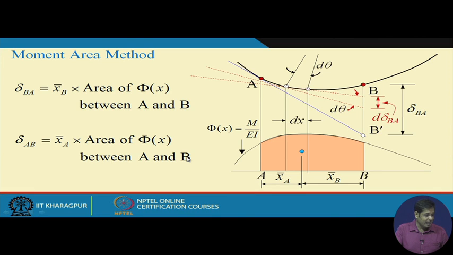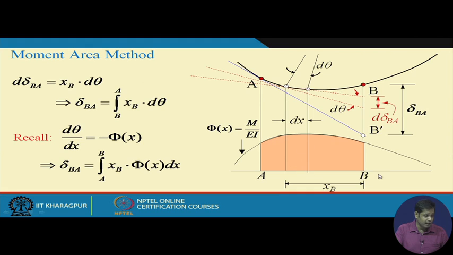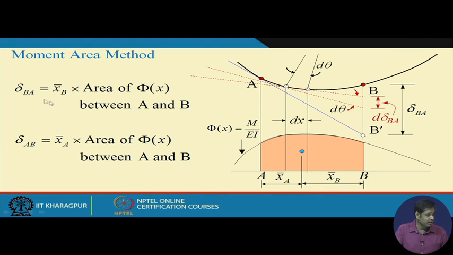Now, this is the moment of this area about B, so we can write delta BA is equal to that moment of this area about point B. Which again can be written as the area multiplied by the centroidal distance, xb bar, the distance of the centroid from B. So, delta BA will be xb bar, the distance of centroid from B, into the area between A and B. Similarly, we can determine delta AB is equal to xa bar, the centroidal distance from A, into the area.